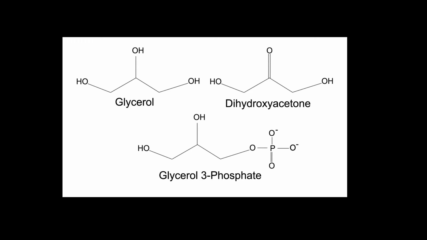If you look at glycerol and dihydroxyacetone, well, it's basically DHAP without the phosphate on the end. Glycerol is basically just a reduced form, or if you want to look at it, dihydroxyacetone is an oxidized form of glycerol, and glycerol 3-phosphate is basically just replacing the OH group with a phosphate at carbon 3.